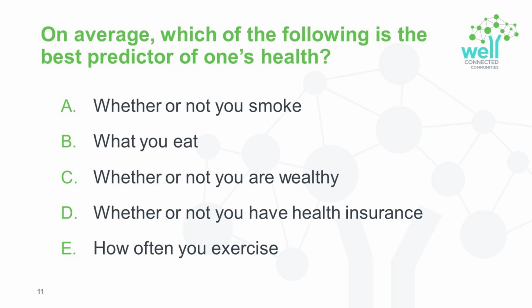Low-paying jobs with little job security, poor childcare, poor quality housing, less access to healthy food, unreliable transportation, and living conditions that are noisy and violent. These health threats increase the risk of chronic disease and early death.